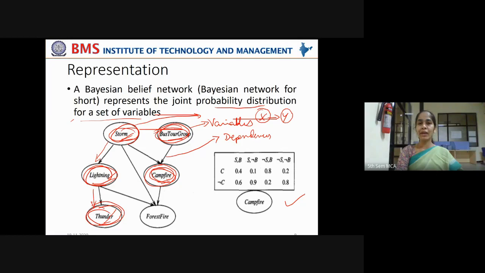That is why when I say probability of campfire is conditionally independent of lightning given storm, I can eliminate lightning and simply write probability of campfire given storm. That is your conditional independence definition in the Bayesian belief network.